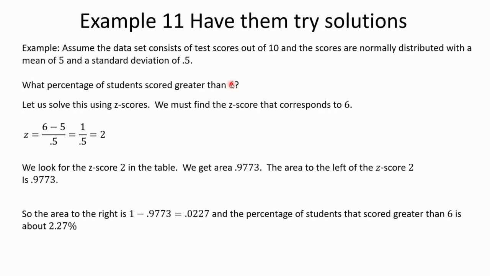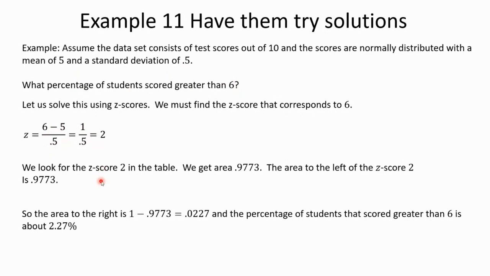Well, again, we have to get the z-score. We're looking for the area to the right of 6, greater than 6. So let's get the z-score. We have 6 minus 5 divided by 1/2. That's 1 divided by 1/2, which is 2.